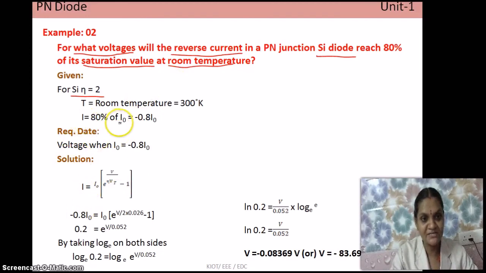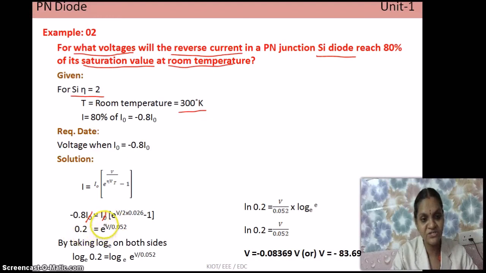I is nothing but minus 0.8 I naught equal to the same I naught e to the power V divided by eta, silicon diode 2, into Vt at 300 K, same 300, so 26 millivolt constant. So from this equation I naught and I naught will get cancelled, and see here 0.2 equal to, when you bring this minus 1 to the left side it becomes plus 1. So 1 minus 0.8 becomes 0.2 into e to the power.